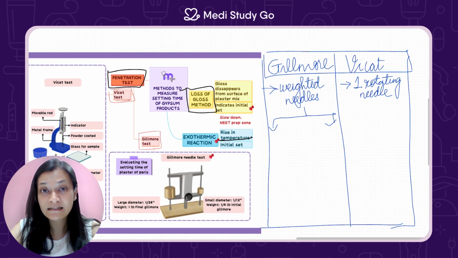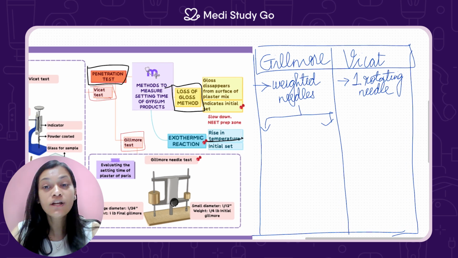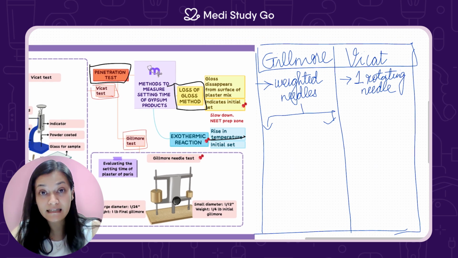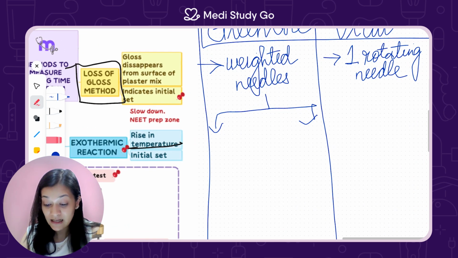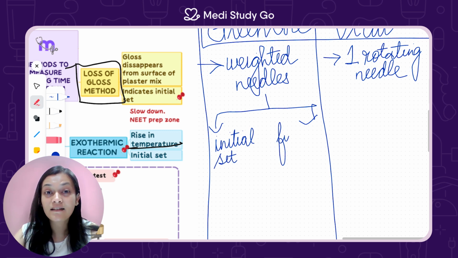The Gilmore needle test actually has two weighted needles, which is going to check for the resistance of the material, while the Wicket test actually has one rotating needle that acts like a plunger. So the Gilmore test actually will show the initial and final set based upon the indentation that is caused over the surface of the gypsum.